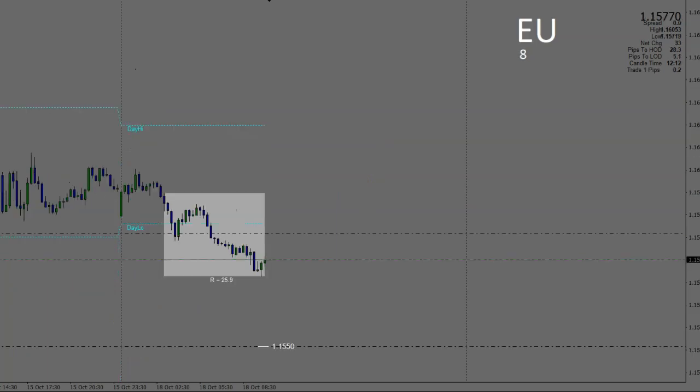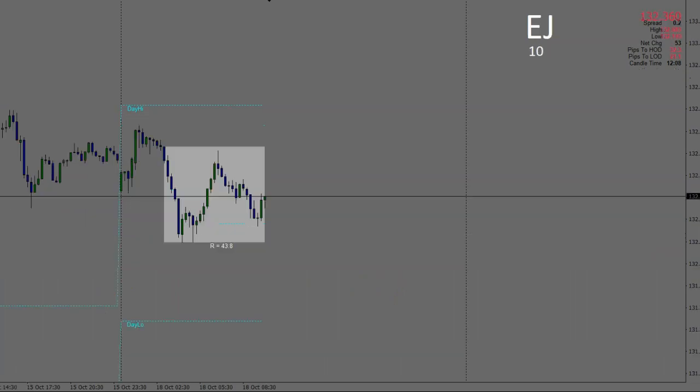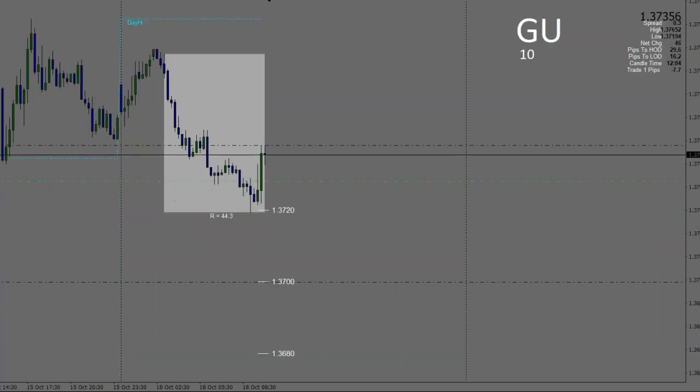So flick through these pairs. Let's have a look. Euro US dollar, still okay with that at the moment. Seeing a bit of a pullback or a stop run going on there. Nothing on there. Pound US dollar. This has been so dangerously close to hitting my stop.